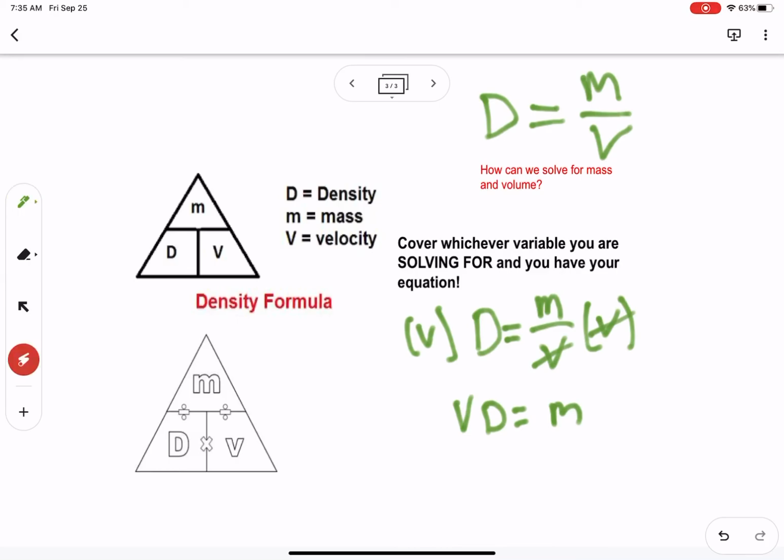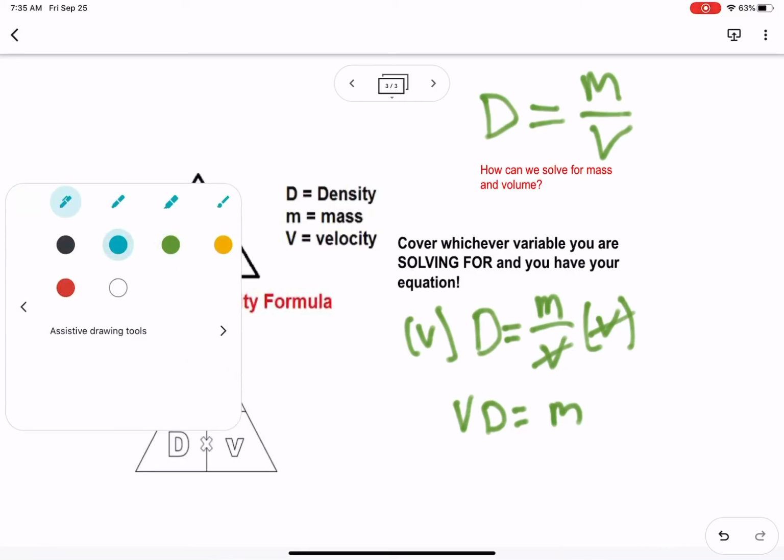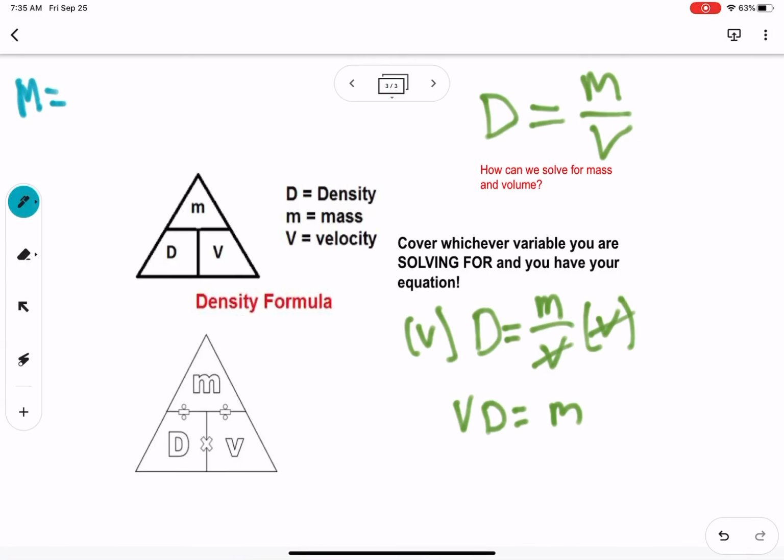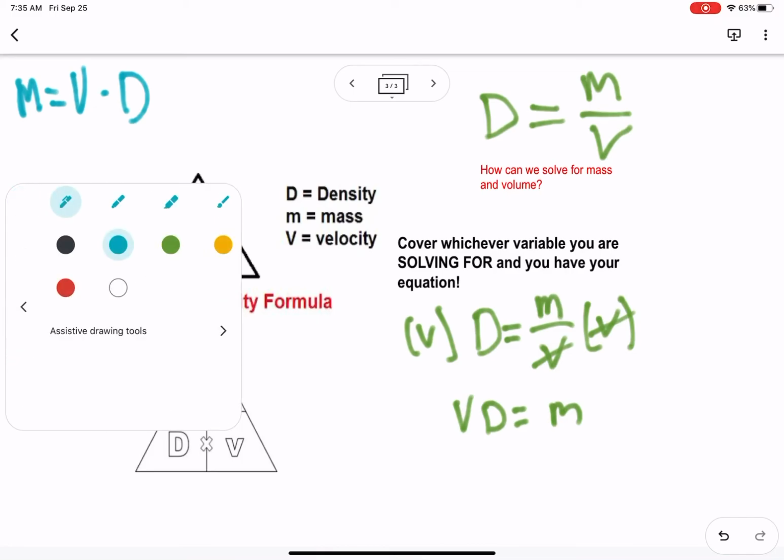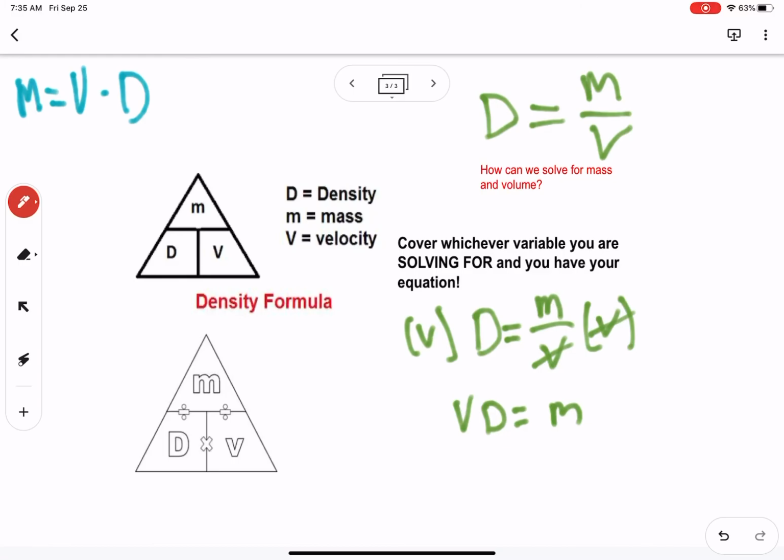Let me write that in a different color. I'm going to write that up here because we already solved it. Mass equals volume times density. But what if I wanted the volume by itself? All I'm going to do is divide by density, right?